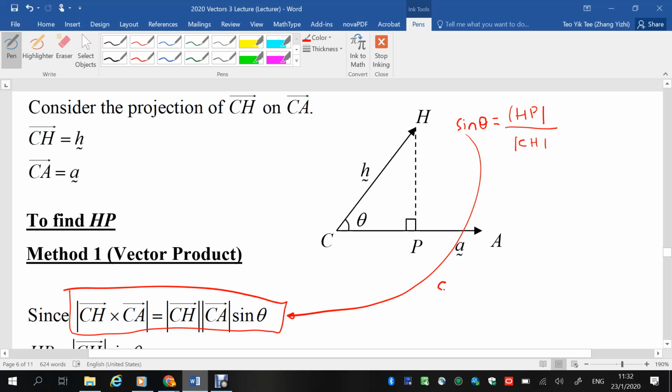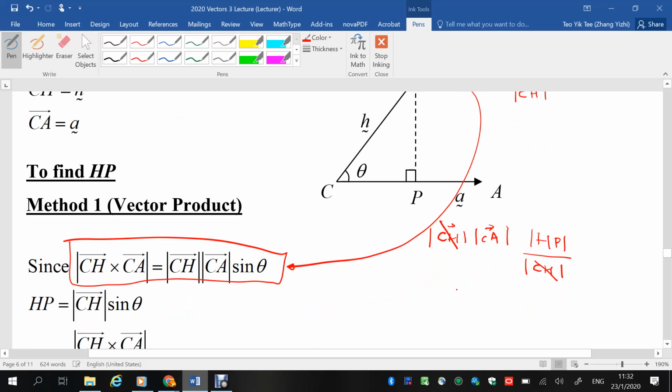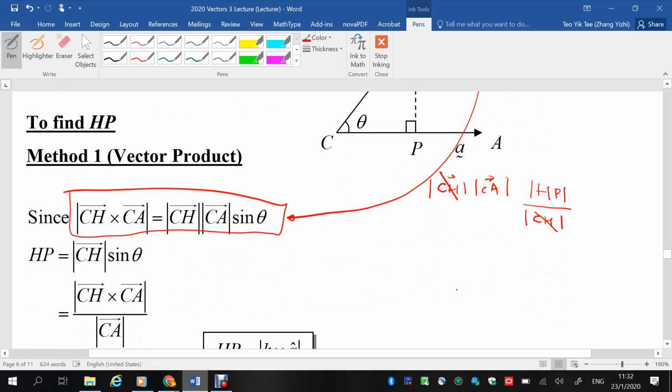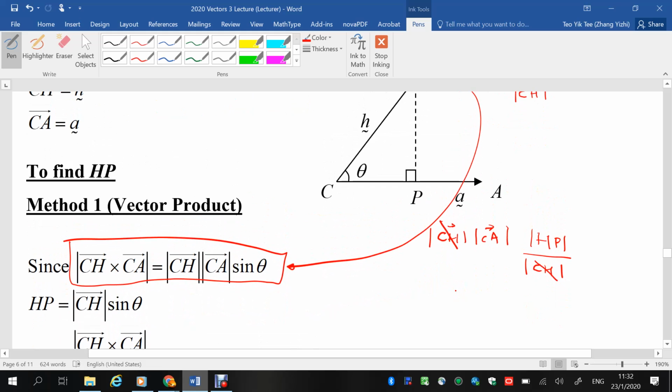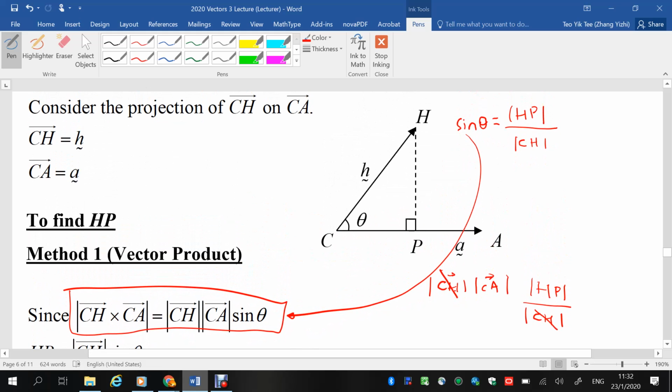So what you will see now is CH magnitude, CA magnitude, multiplied by HP magnitude, divided by CH magnitude. Make sense? The CH will cancel out, right? So you are left with CA magnitude and HP magnitude. Is it HP? Yeah, correct.